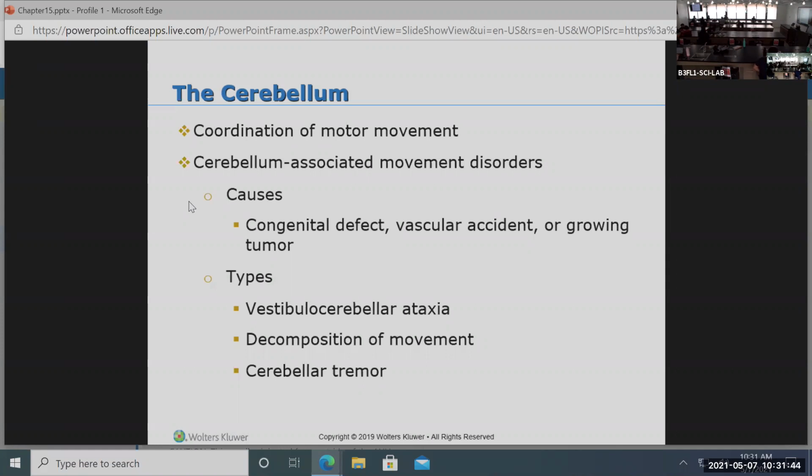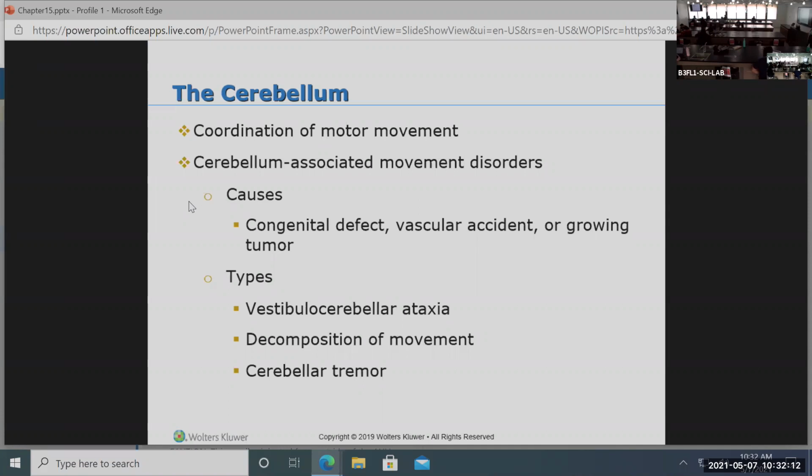What it does: coordination of motor movement. Coordination of movement, muscle tone, posture, balance, equilibrium, all are done with the help of the cerebellum. Muscle tone, posture, equilibrium, and coordination of motor movement.